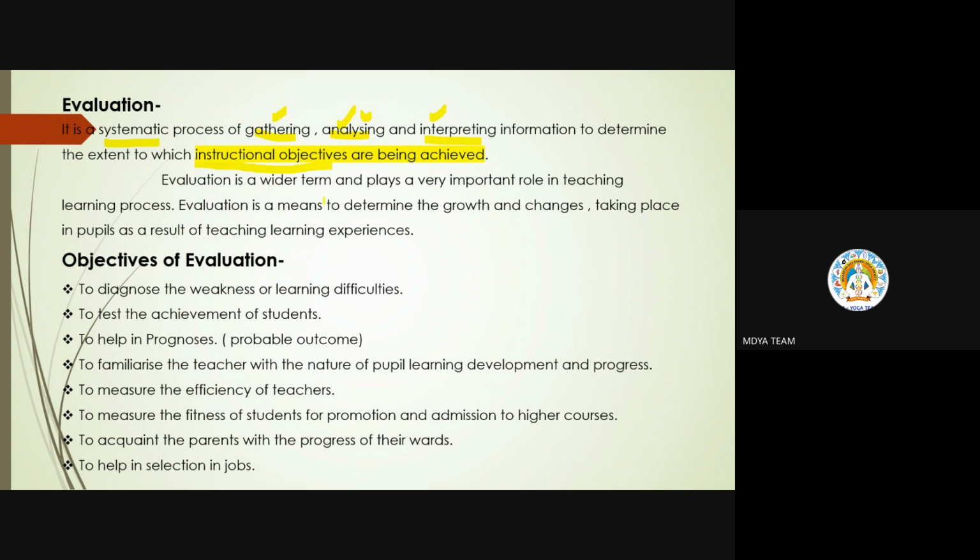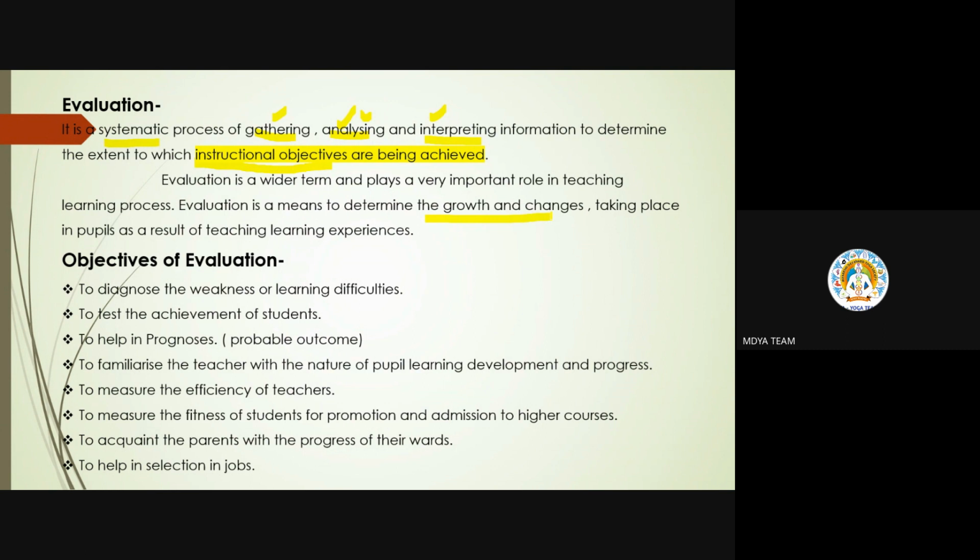Evaluation is a wider term and plays a very important role in the teaching learning process. Evaluation is a means to determine the growth and change. What happens if in the teaching learning process there is no evaluation? If no evaluation process is there, we cannot assess the growth of the learner.